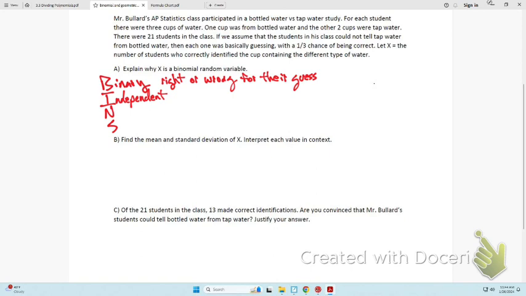So a student's guess does not determine another student's guess.